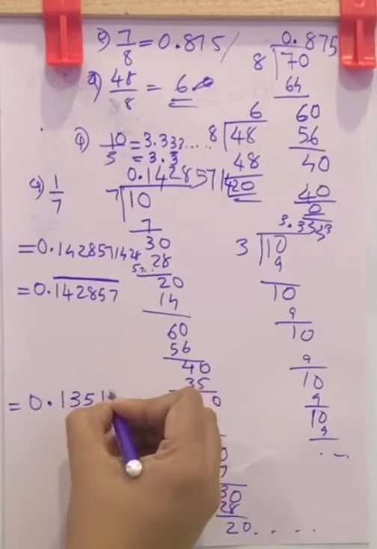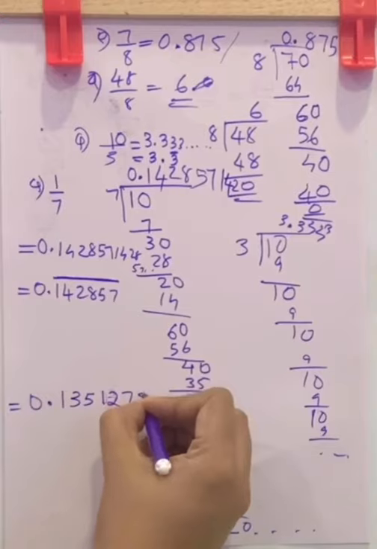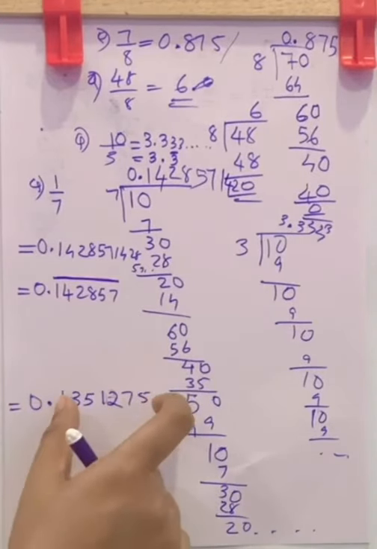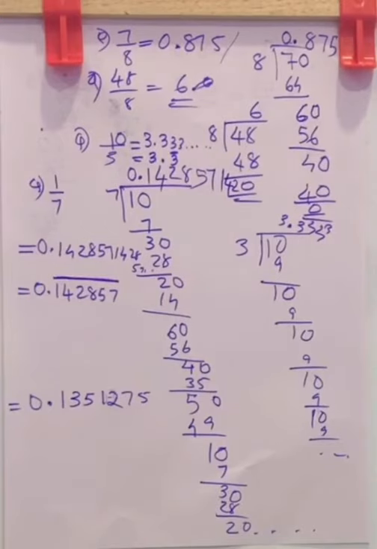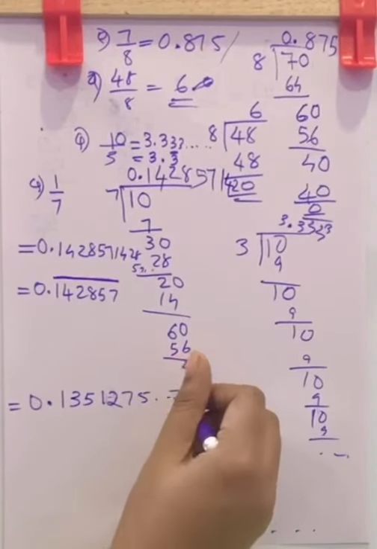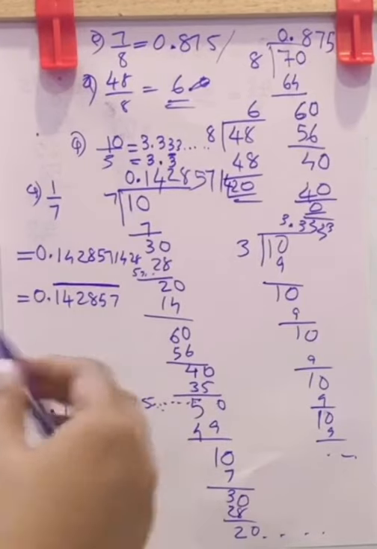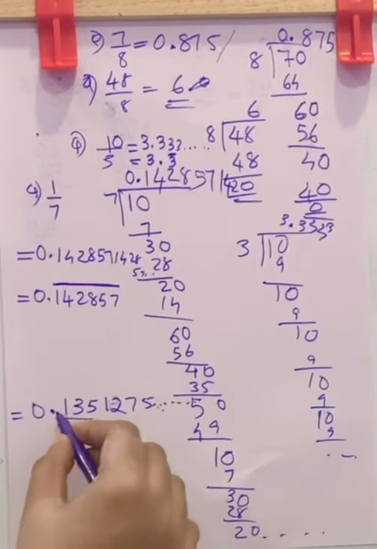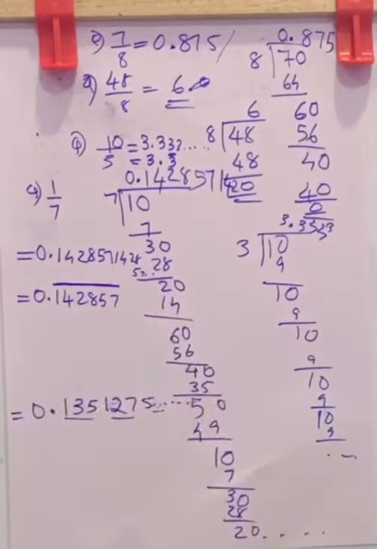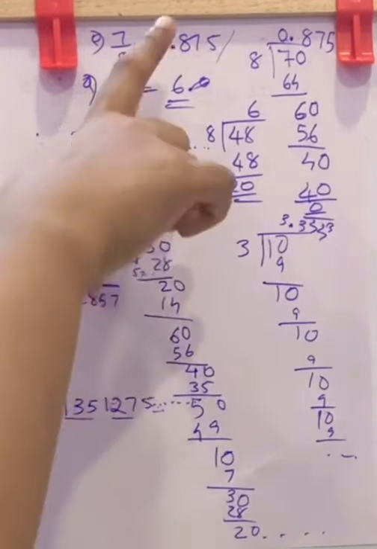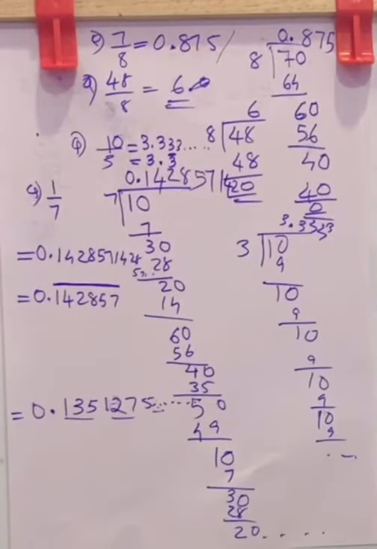Instead, you will get some other numbers in no order. So this type of decimal expansion is non-terminating. It is not ending, but not repeating either. No set of numbers is repeating here. So this type is irrational and these two types are rational.